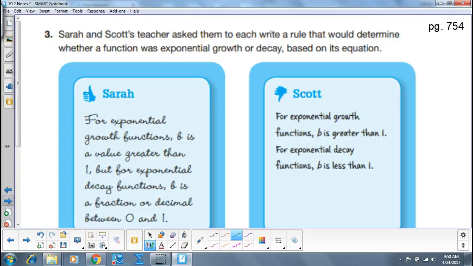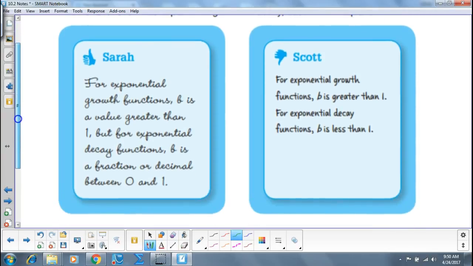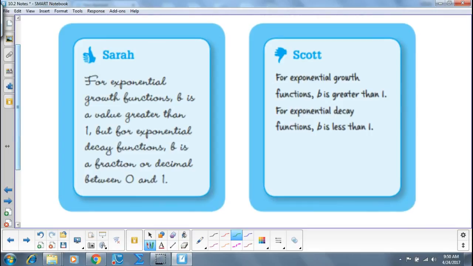Question number 3. Sarah and Scott's teachers asked them to each write a rule that would determine whether a function was a growth or decay based on its equation. Sarah said, for exponential growth functions, b is a value greater than 1, but for exponential decay functions, b is a fraction or decimal between 0 and 1. That's what we just said. Reading ahead should have been able to go back and answer that question for us.